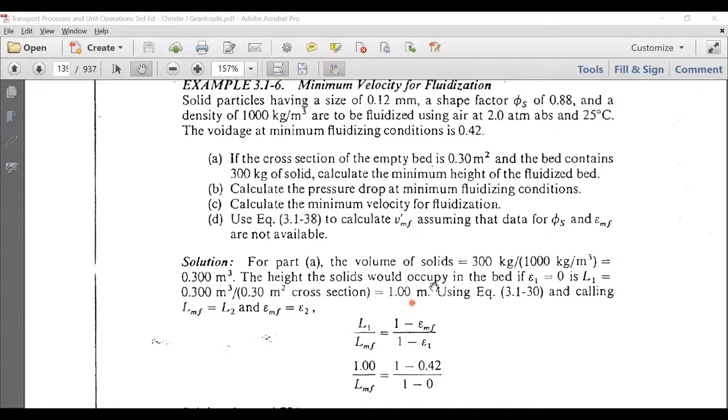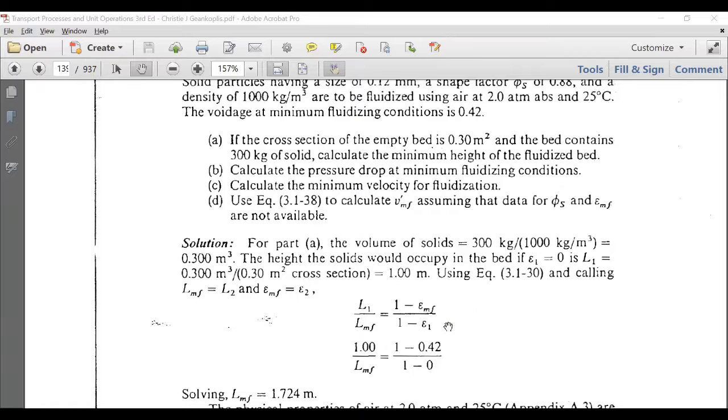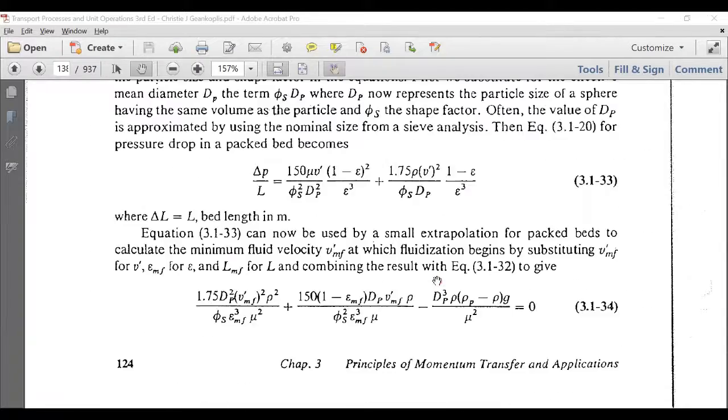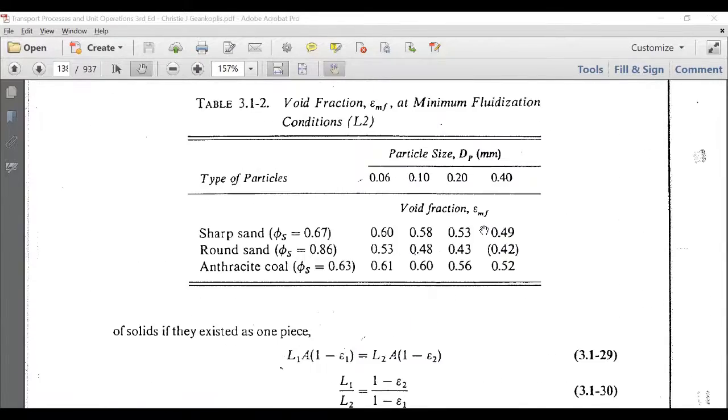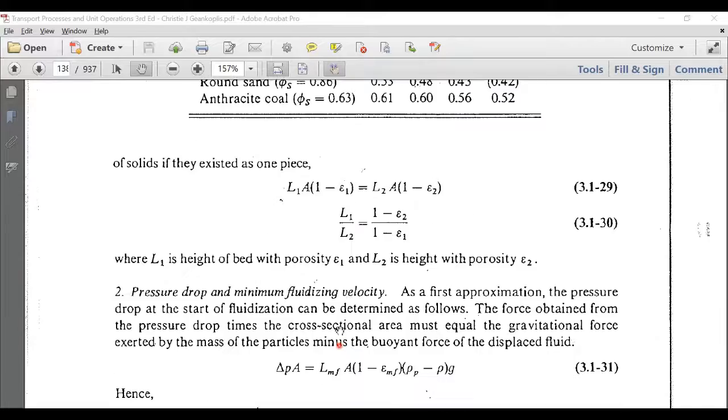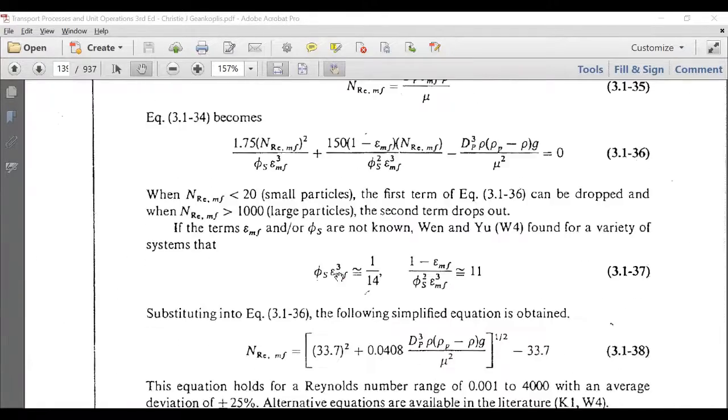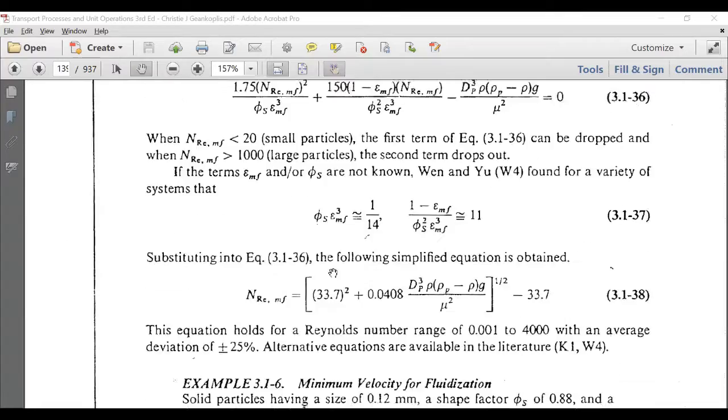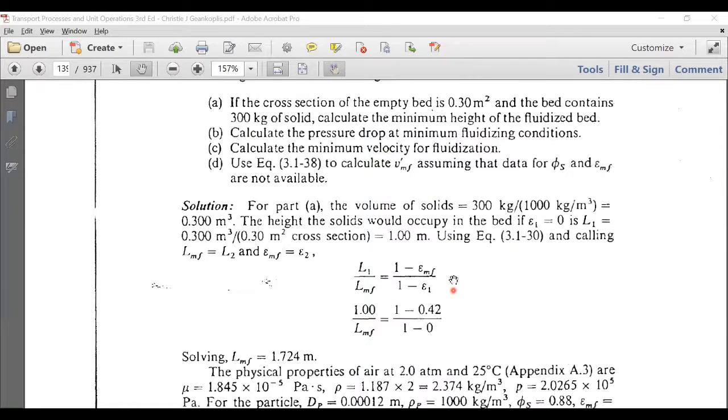So this is L1 and this is epsilon 1. Okay, and then using the equations above, I think it's 3.130. Let me check. Oh, sorry, 3.130. By using this, I will fill in L1 and epsilon 1 here.